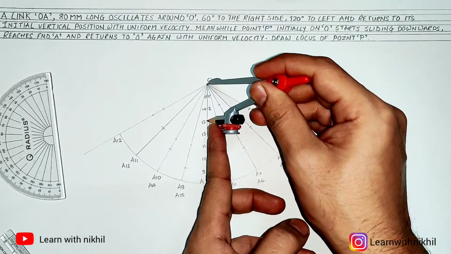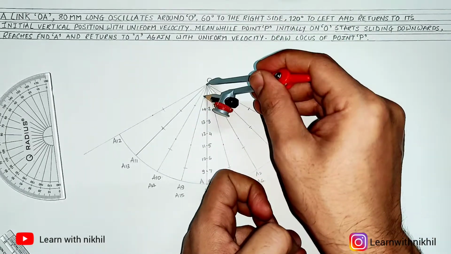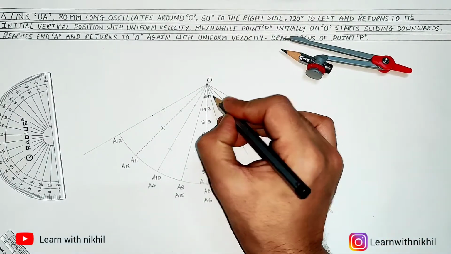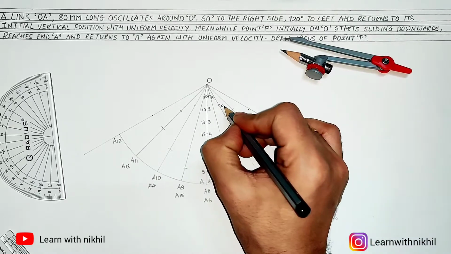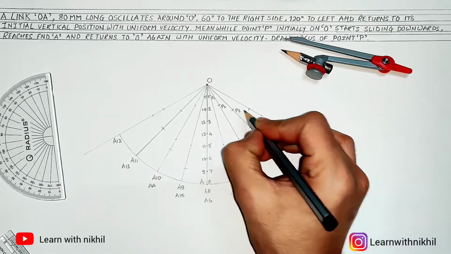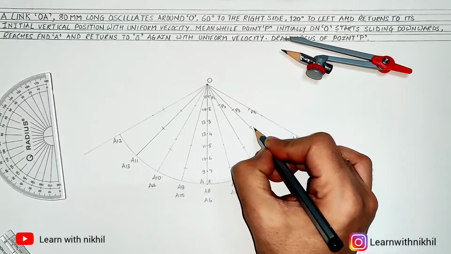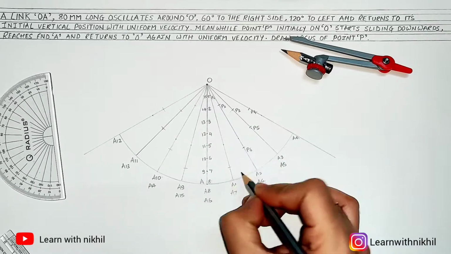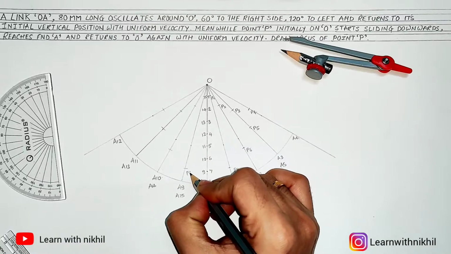A12, O to 13, A13, O to 14, A14, O to 15 and it reaches back to O. So in the question it is given P reaches back to its original position with uniform velocity. So that's why P comes back. Marking the points as P1 to P15.